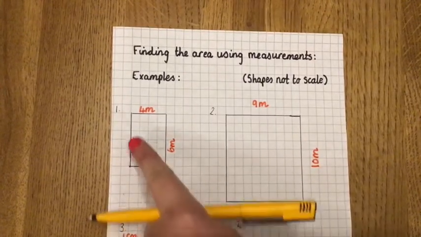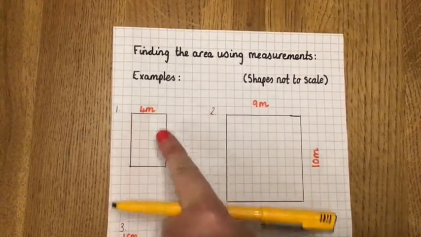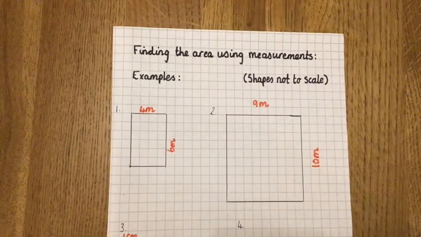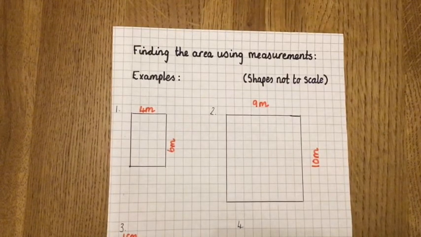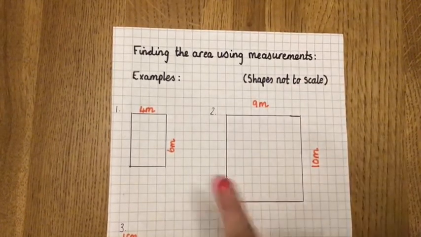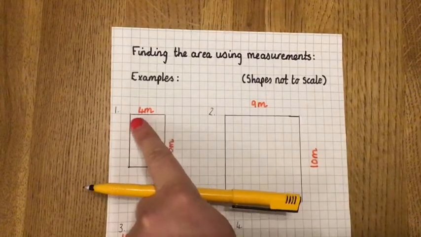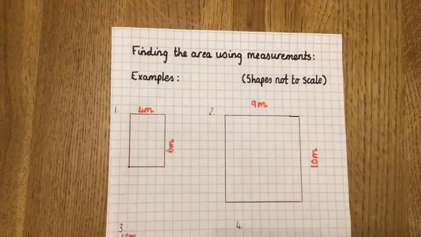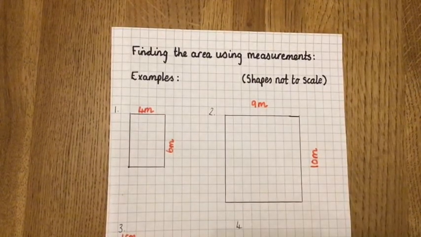And if this was a room, you would have to measure the length and the width of the room to work out your area. So let's have a look at these examples. And I've just said at the top here, the shapes are not to scale. So for example, this line here doesn't really measure 4 metres, it's just an example.